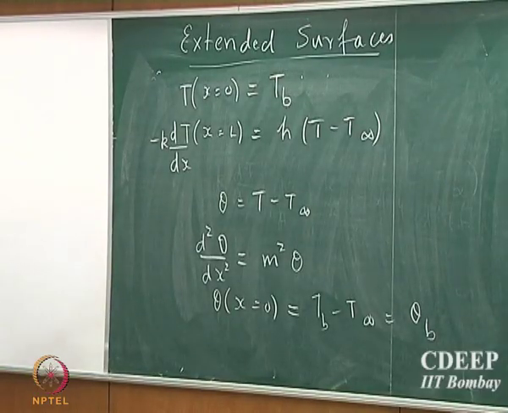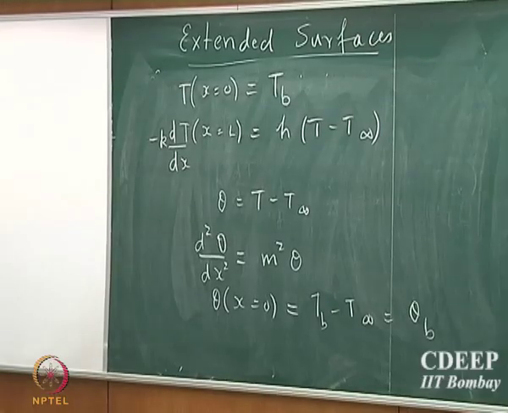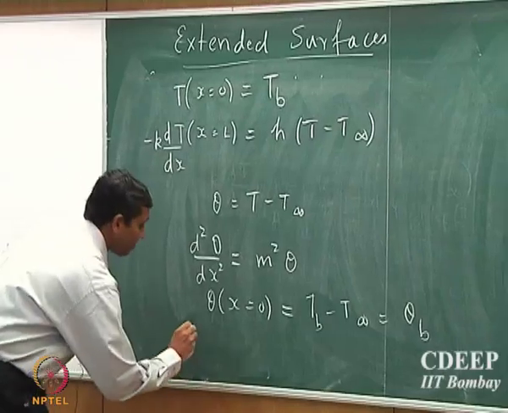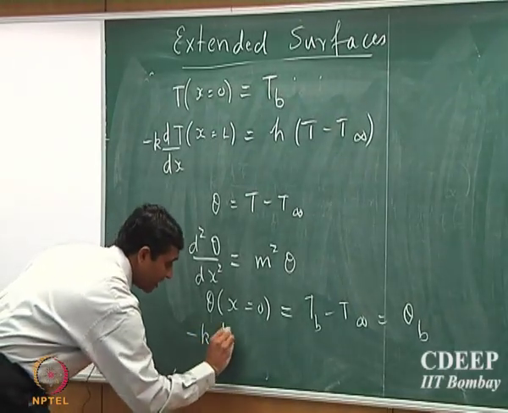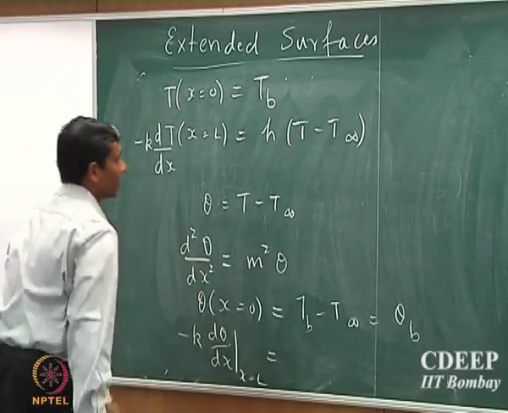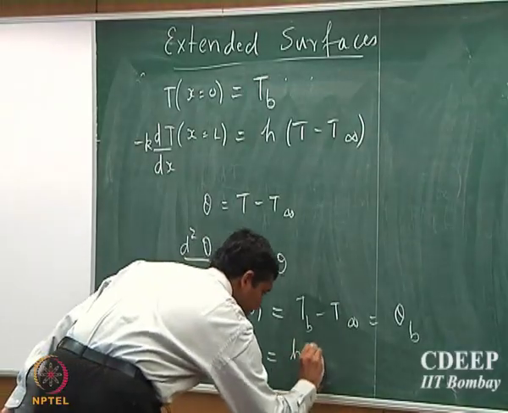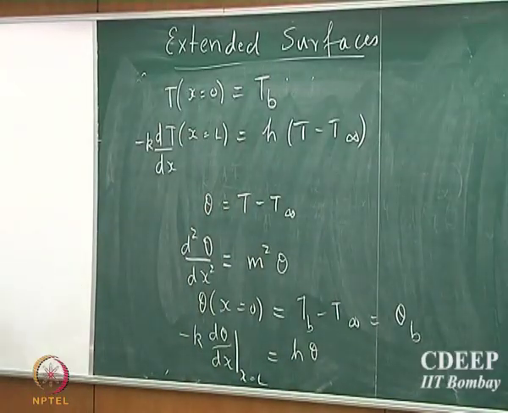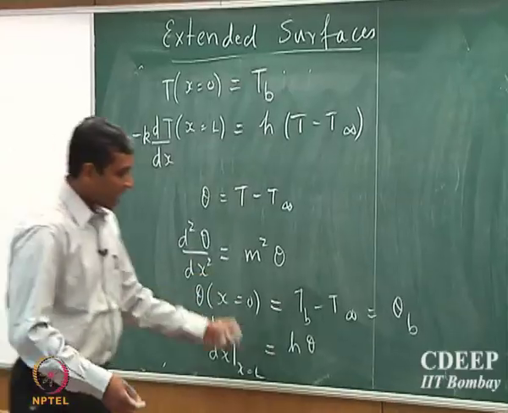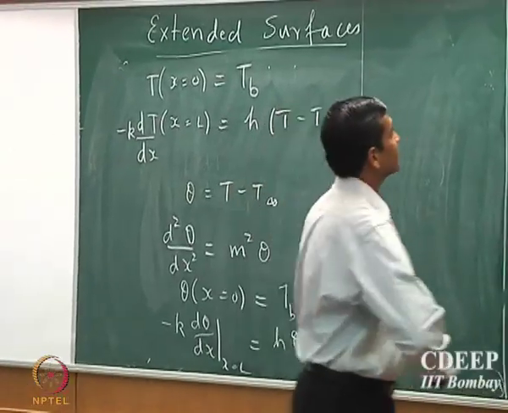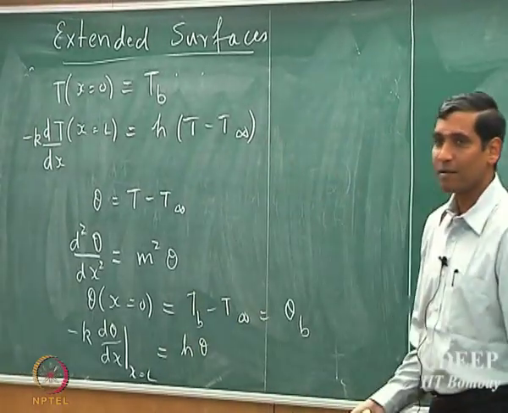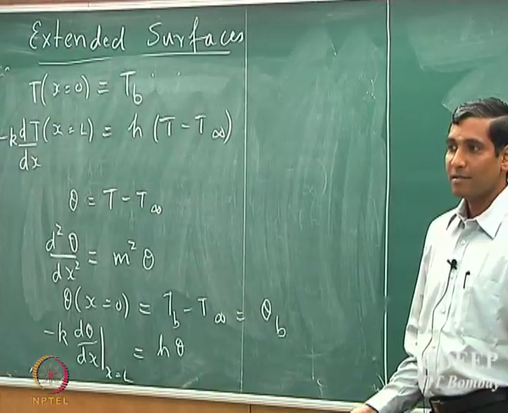Did I get it right? So theta is T minus T infinity, and then minus k d theta by dx at x equal to L is equal to h times theta. So it's pretty easy, and you can solve this. This is an exponential solution. It's like an eigenvalue problem. What are the eigenvalues of this differential equation? Eigenfunctions?